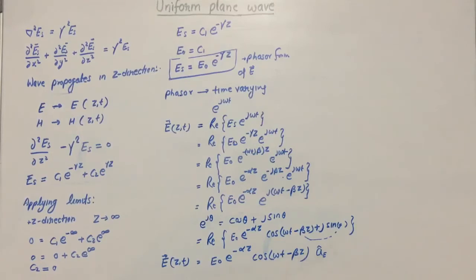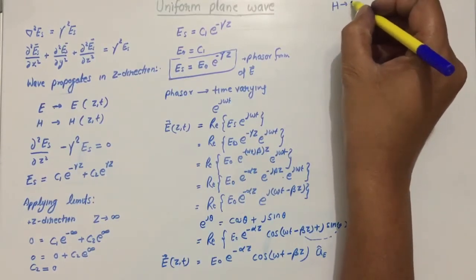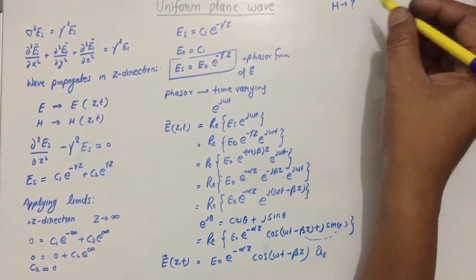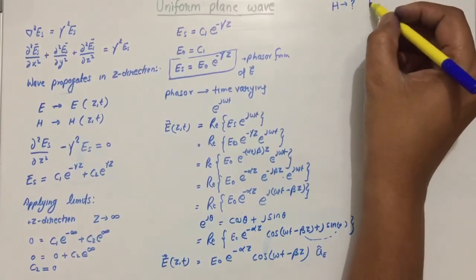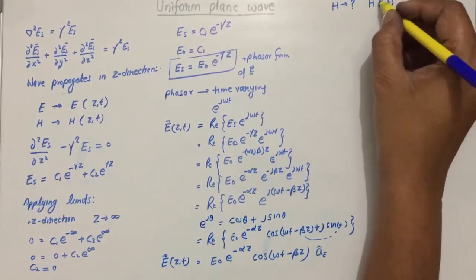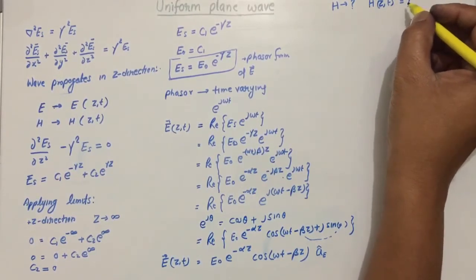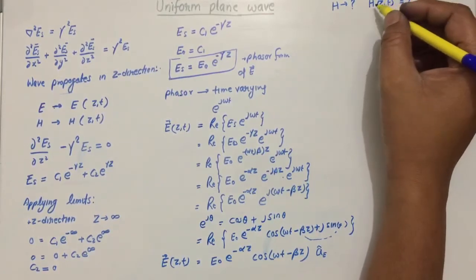Okay. Now let us try to find the similar relationship in the case of the magnetic field. So for the magnetic field, before coming to that, before finding H_z(t), let us discuss the intrinsic impedance that will help us to find this.